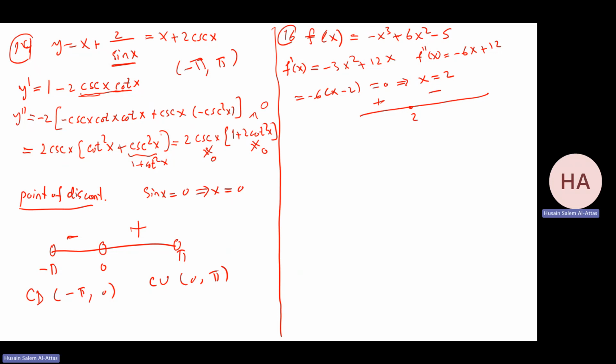So it's plus, minus, and this is concave up, this is concave down. It means I have a point of inflection, which will be at 2, and substitute here, minus 8, minus 5, minus 13, plus 24, that will be 11.